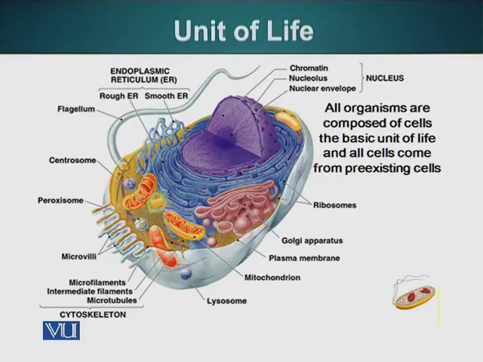Cells don't exist in a vacuum. Cells are living in an environment and they have to interact with their environment, and it is important that the structure which is enclosing the other parts of the cell has the ability to select what can enter the cell and what cannot.